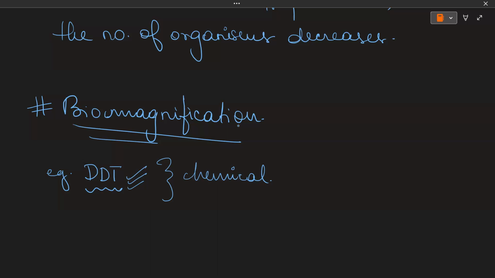Normally the digestive system won't have the enzyme either, right? Yes, ma'am. So the digestive system of the smaller fishes would not have the enzyme to digest the chemical, so the chemical would remain inside the smaller fish's body. Up till now, it's clear? Yes, ma'am.